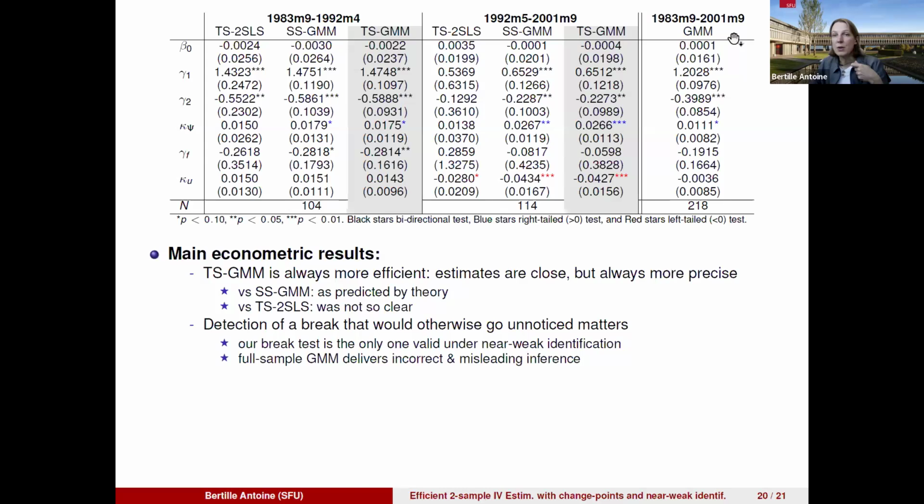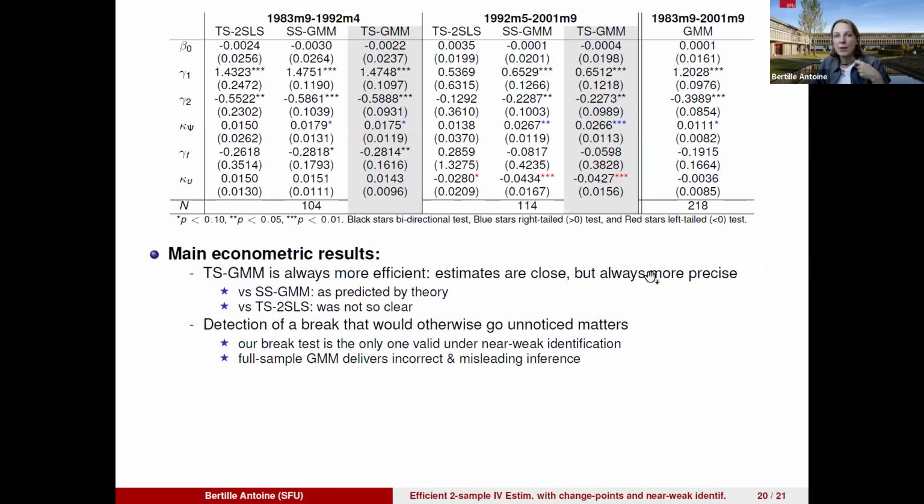If you miss it, this is the kind of result that you get. The lags of inflation, gamma 1, gamma 2, get some traction, but for the main parameters, kappa psi, gamma f and kappa u, there is not much action here, especially the kappa u, the unemployment channel.